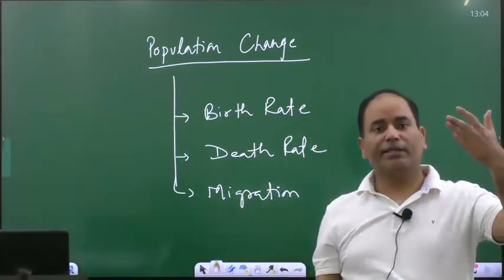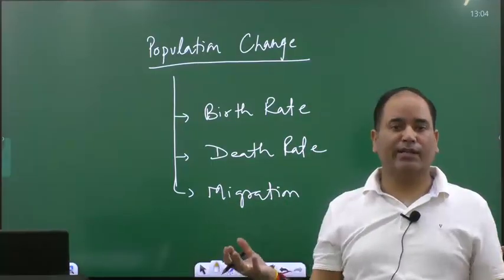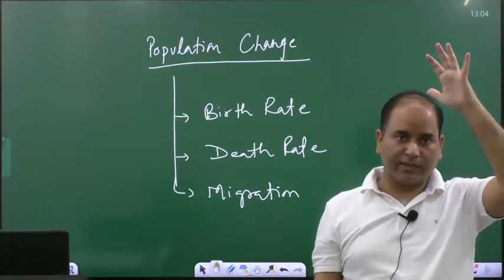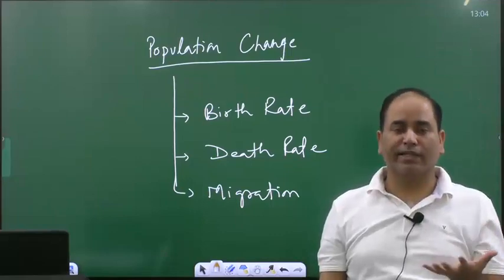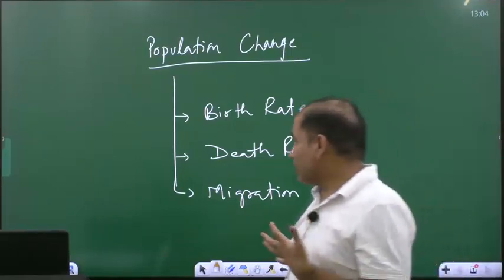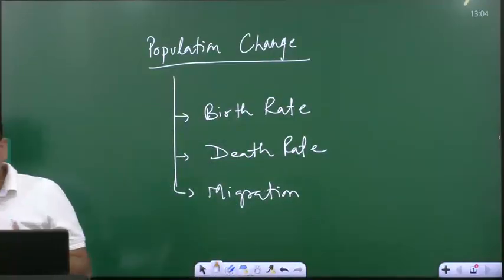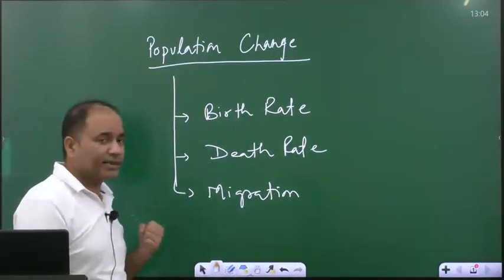If the birth rate increases, obviously the population increases. If the death rate increases, population decreases, but if the death rate decreases, population increases. But most of the time, whenever we study population, we focus on birth rate and death rate.